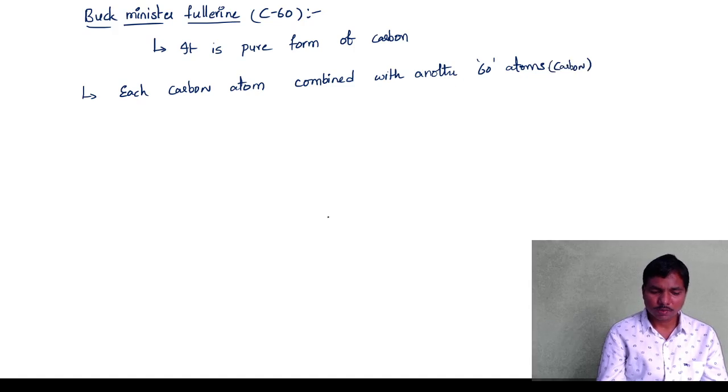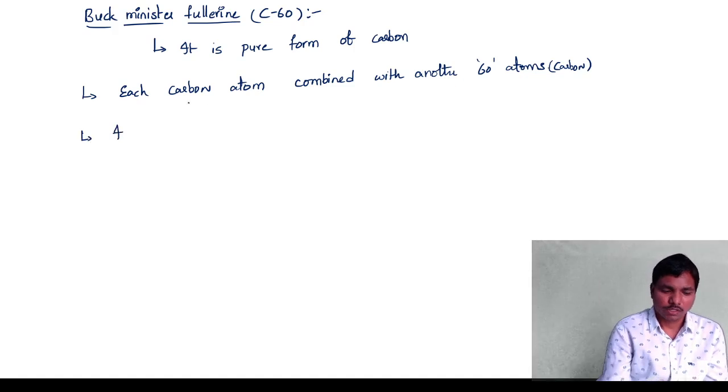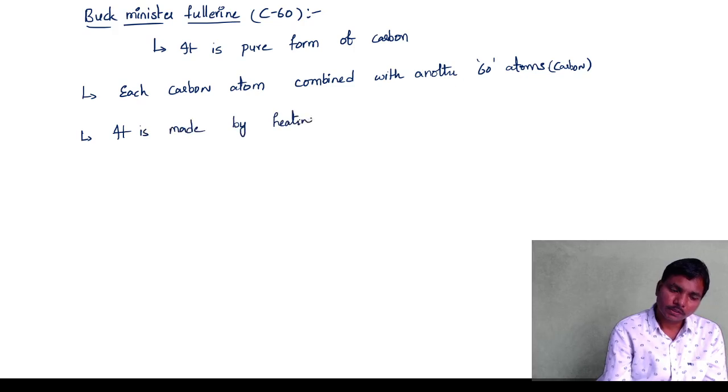There are 60 carbon atoms. It is generally made by heating graphite by using an electric arc.